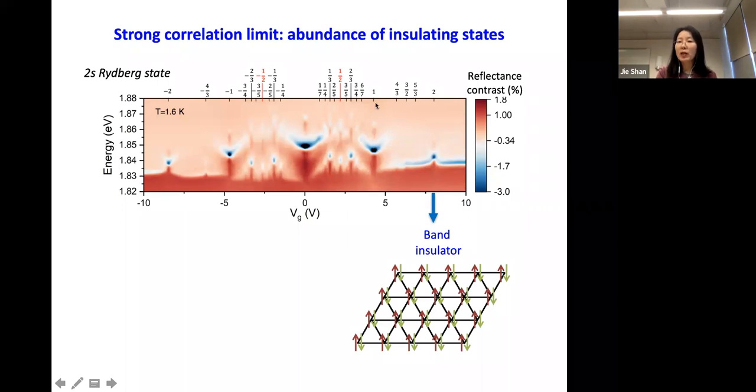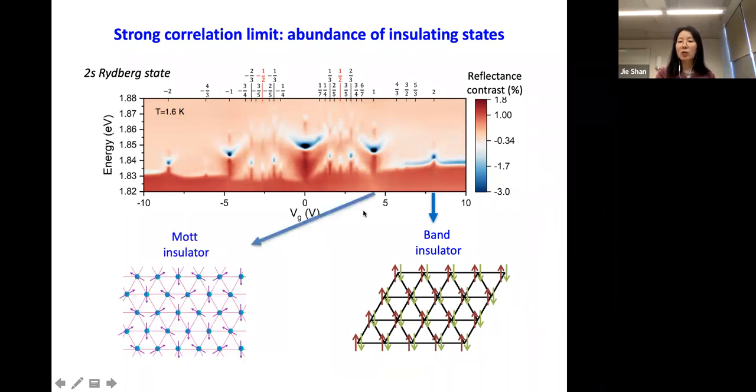But at filling factor 1, I also got an insulator, which should be metallic in the absence of electron-electron interaction, but I got a very strong insulating state. This gives me a hint that interaction is very strong, and this state is likely a Mott insulator. It's the same thing happening on the hole doping side, so this could be a Mott insulator, and this is a band insulator, right?